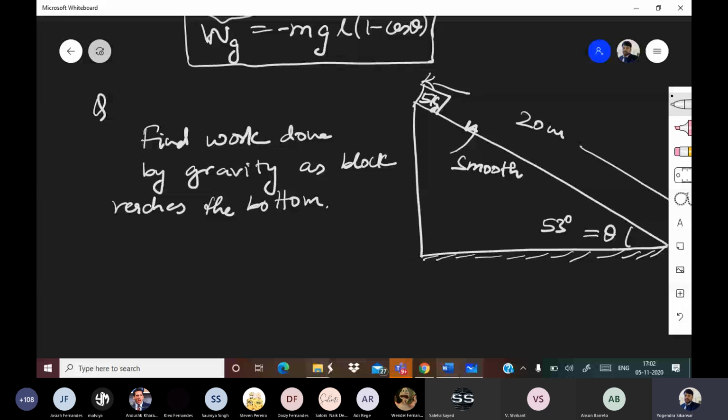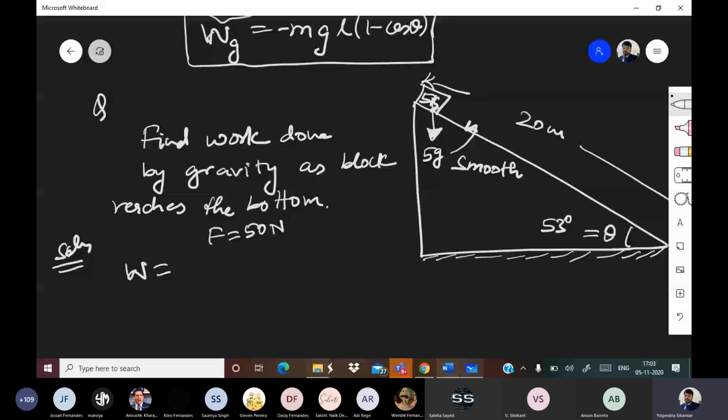Okay, everyone, please pay attention. Now, out of the various methods which we have, we'll be applying W equals force into displacement component, because the force is constant, we can apply all these four methods when force is constant. So force is 5g, which is 50 Newton. Displacement along force is actually this.